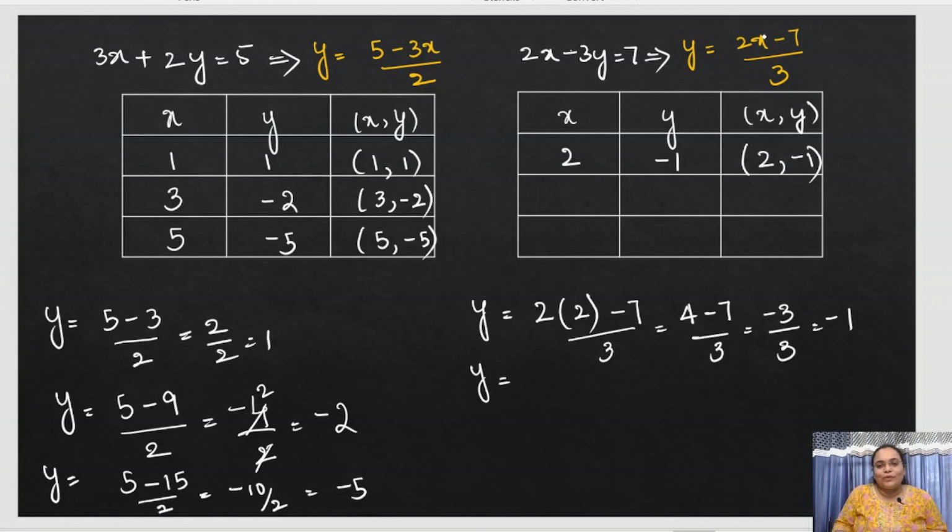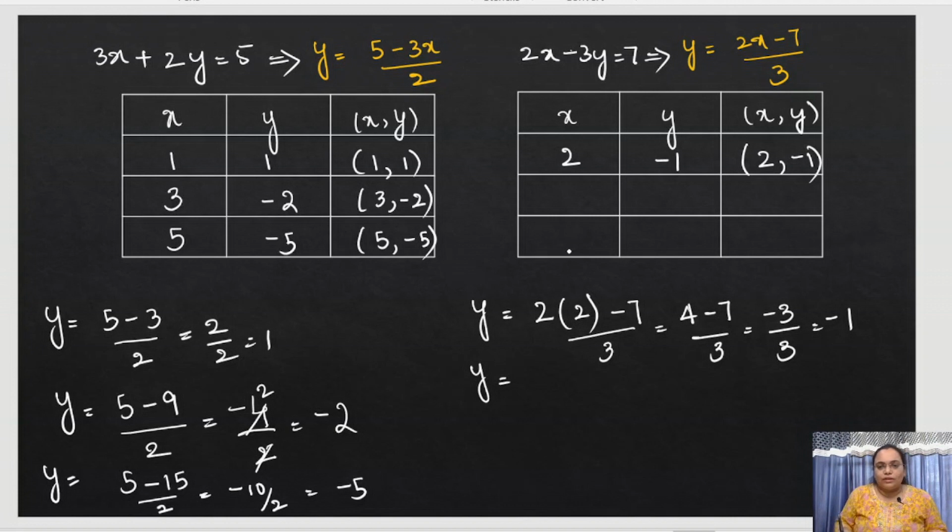If you put x equals 3 here, this will be 6, right? This will be minus 1 by 3. You will get it in a decimal. Okay. And so let us avoid it. If you put x equals 4, this will be 8. 8 minus 7 is 1 by 3, again a decimal.